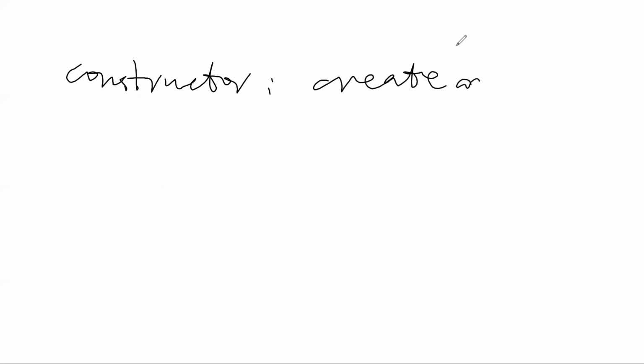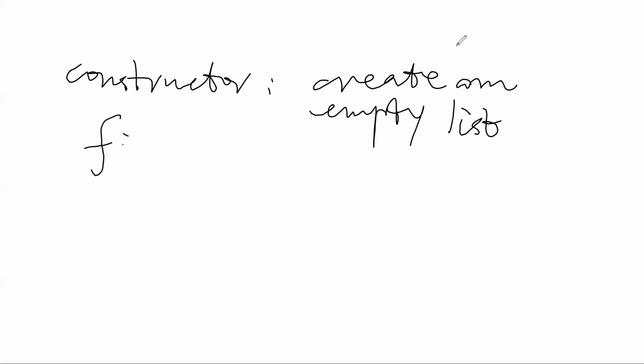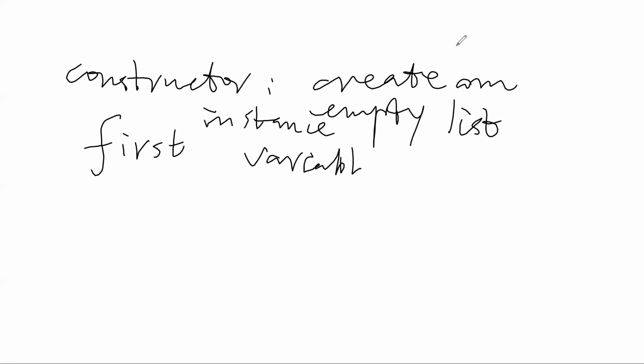Okay, and then next, let's see. For the linked list, we said we have a constructor. The default one creates an empty linked list. So what's the definition of an empty list? The linked list is identified by the instance variable first, and the type is a node.